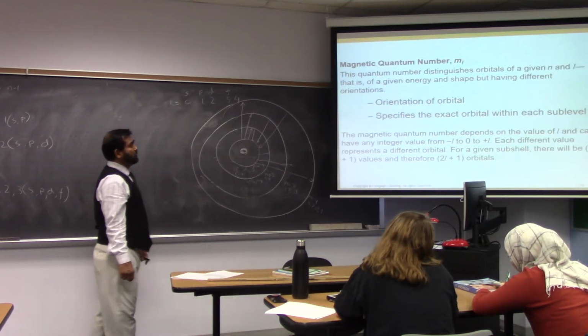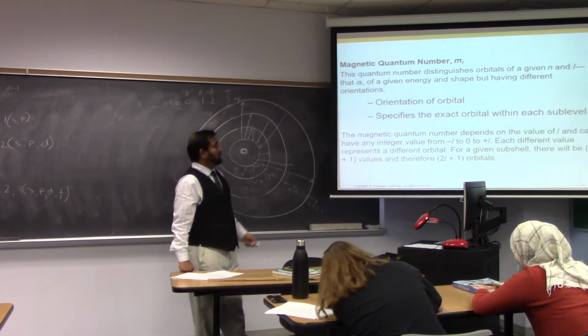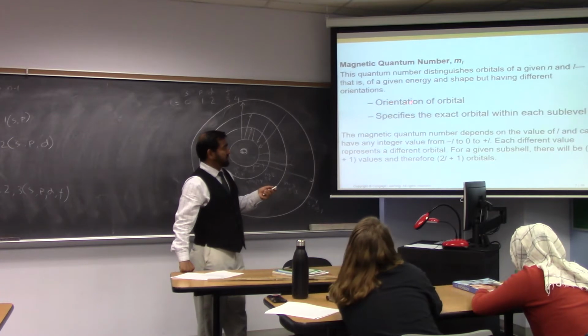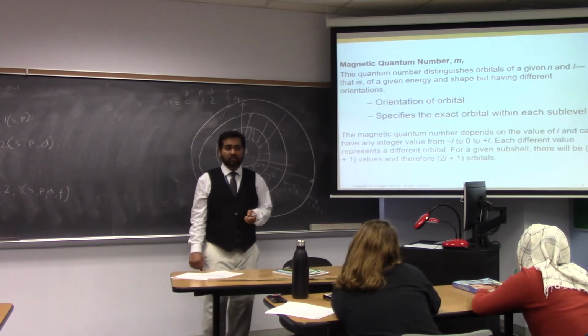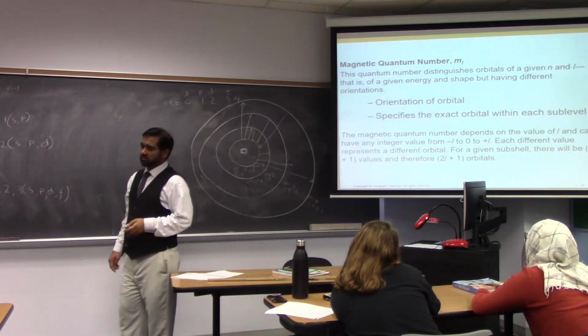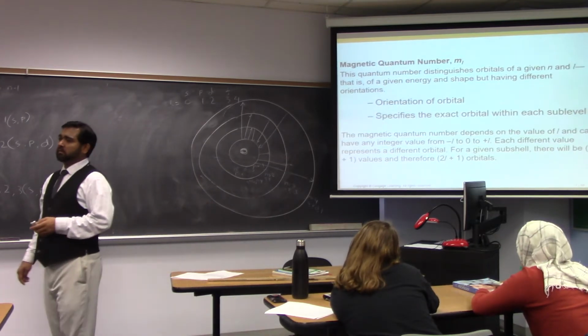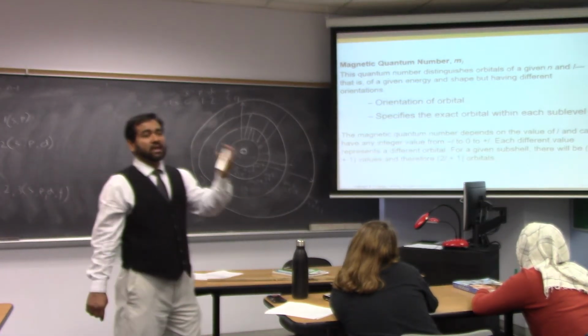The third quantum number is the magnetic quantum number. Remember the word orientation. That tells you the orientation of the electron in the orbital. Remember, I had Camilla's details. She lives in Texas.